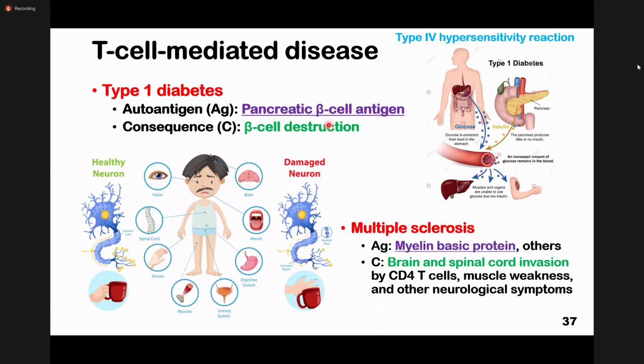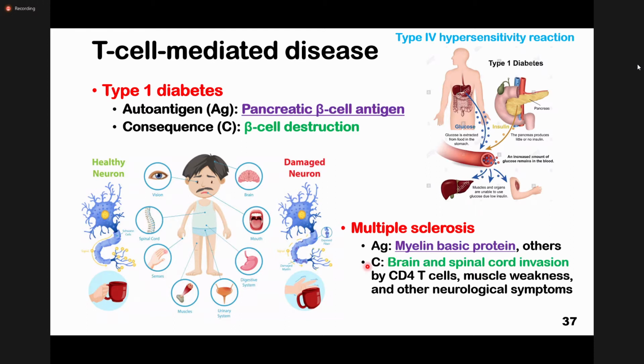And in multiple sclerosis, this is also hardly understood currently, but basically one example is that the antigen is myelin basic protein or myelin sheath, okay. Damage to that myelin sheath protein causes multiple sclerosis, basically in the brain and spinal cord, okay, damage to the nerve fibers.